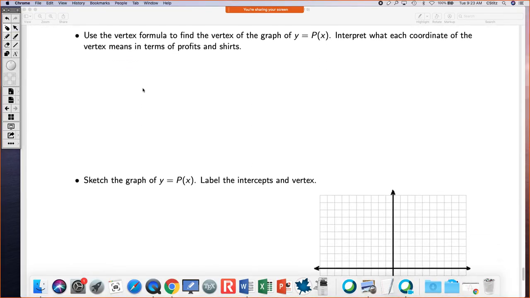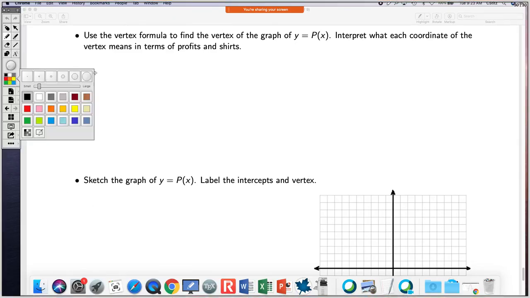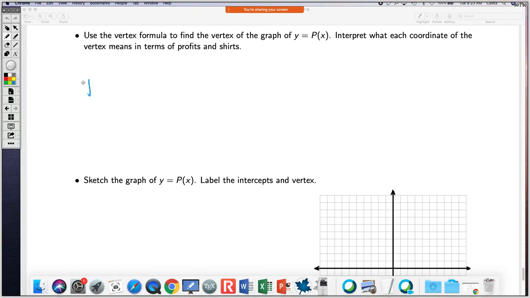Use the vertex formula to find the vertex of the graph. Interpret what each coordinate means in terms of profits and shirts. All right, so here we go. P of x is negative 2x squared plus 28x minus 26.